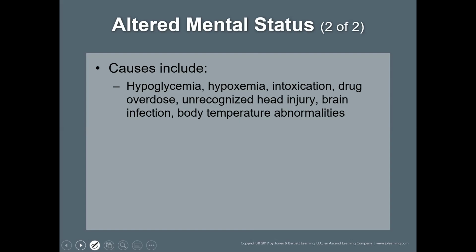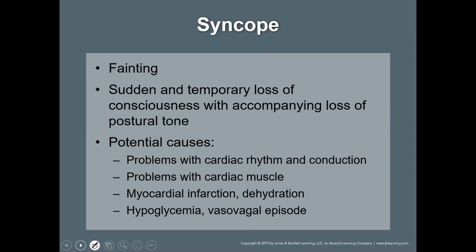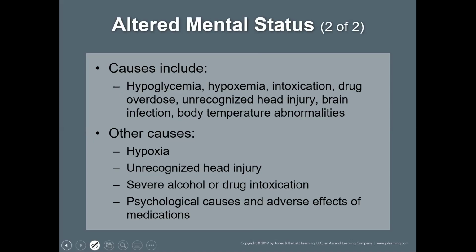Insulin problems, so diabetes, opiates or other drugs, uremia, kidney failure, trauma, temperature changes, infections, poisoning, psychogenic causes, shock, stroke, syncope, space-occupying lesions, and subarachnoid hemorrhages. So those are some causes of altered mental status. And if we find something that we can fix, we fix it.